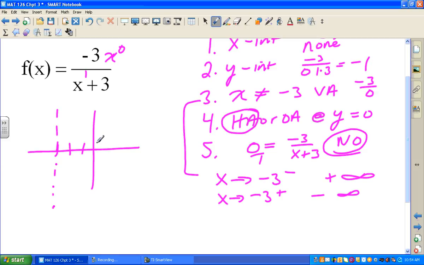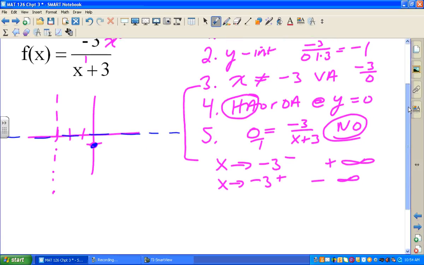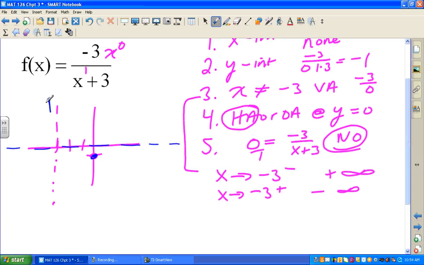The y-intercept, what do we say, negative 1? I love it when the plan comes together. There are no x-intercepts because there is a horizontal asymptote there. It's going to go up on this side, and I know it's going to be down on this side, so I just connect the rest of the parts.